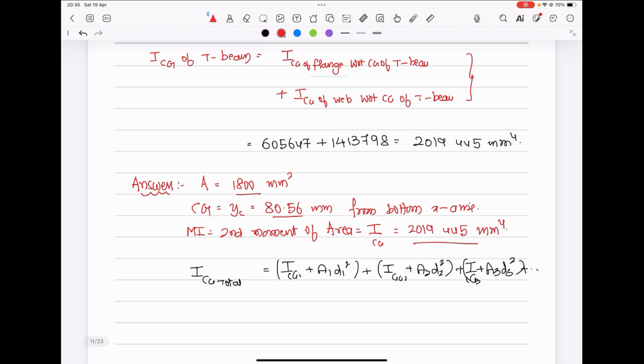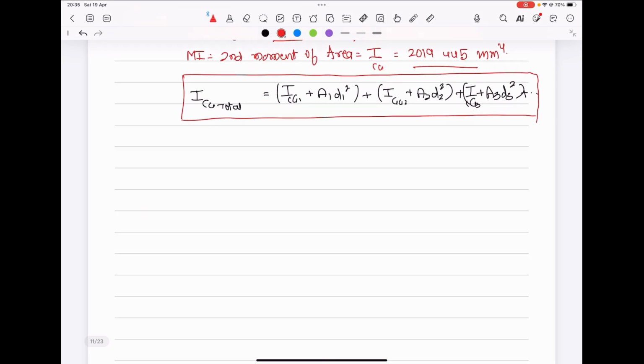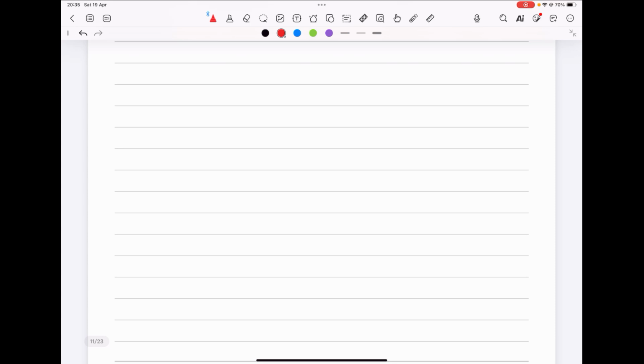This is the important formula when more than one area is clubbed to each other. Where are more than one area clubbed together in this type of questions? One, in T-beams.